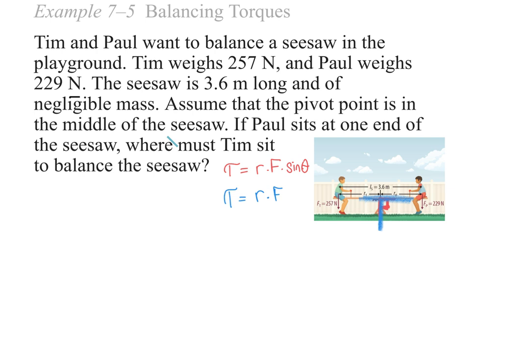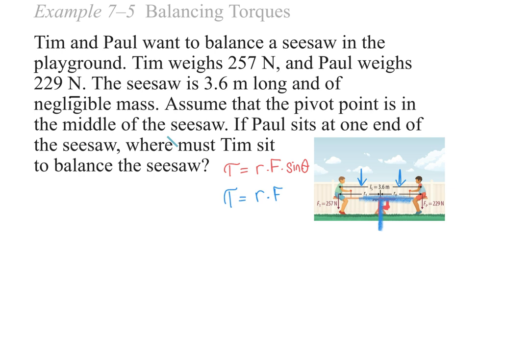R times F. Well, what do I want? What do I know about what's happening on either side? Well, in order for it to be balanced, this torque that's associated with him and that one has to be equal, or else we're going to have a problem and one's going to be up.